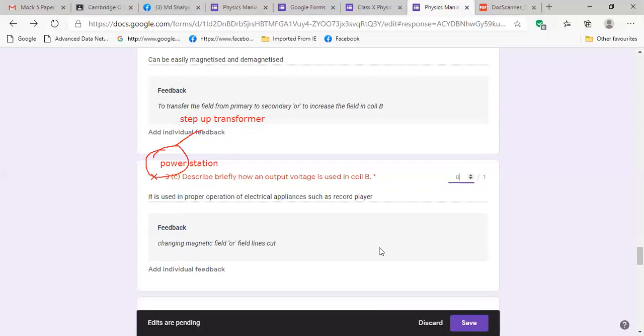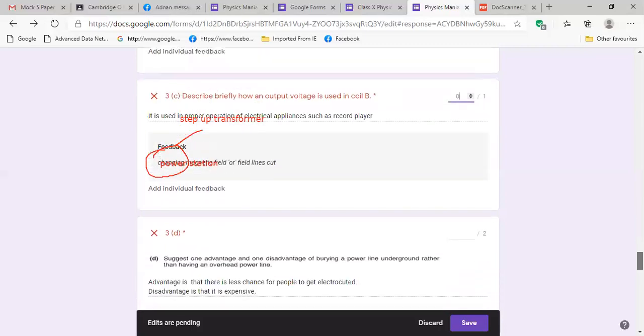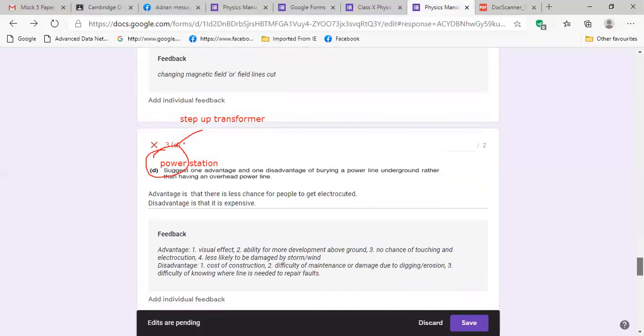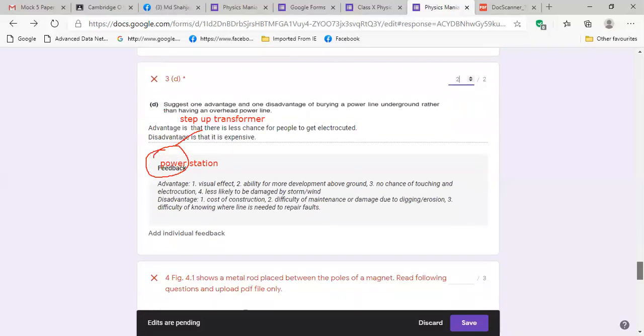They are asking specifically for this transformer. You can see the feedback. I gave details, all the advantages and disadvantages from the mark scheme.